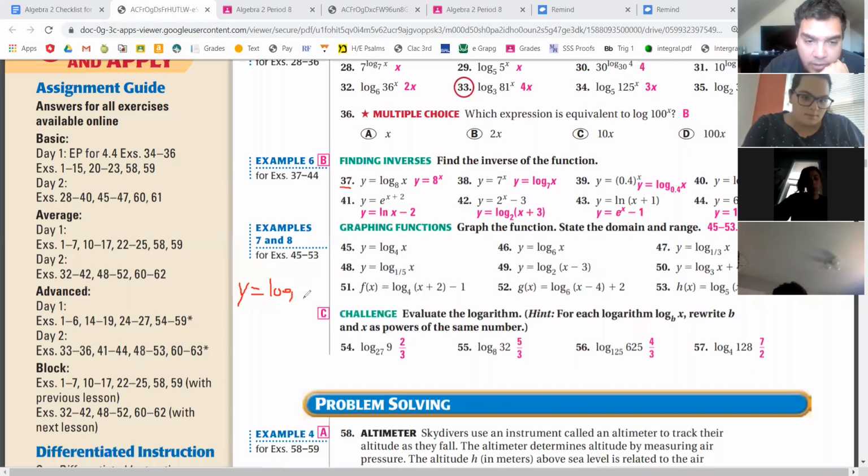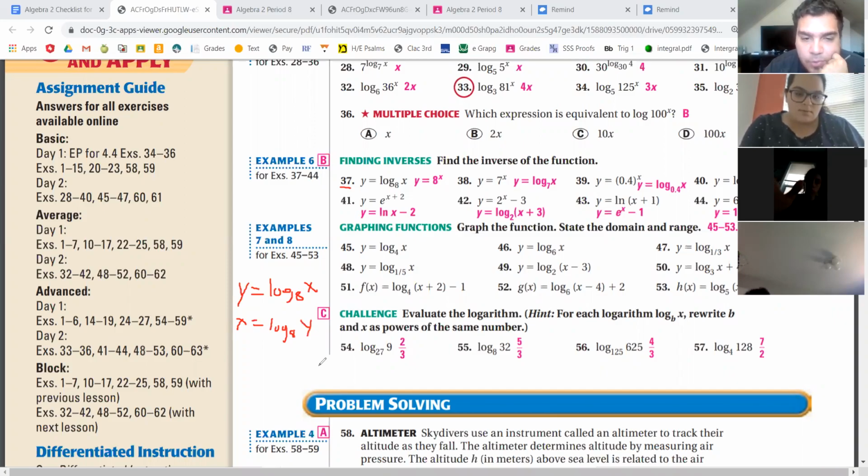Log base 8 of x. Our first step of finding any inverse is you have to swap the x and the y position. So every x becomes a y and every y becomes an x. So x equals log base 8 of y.